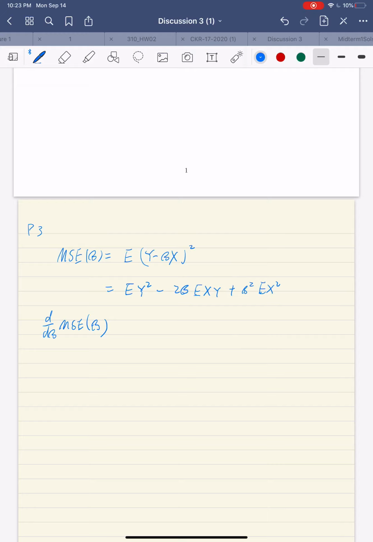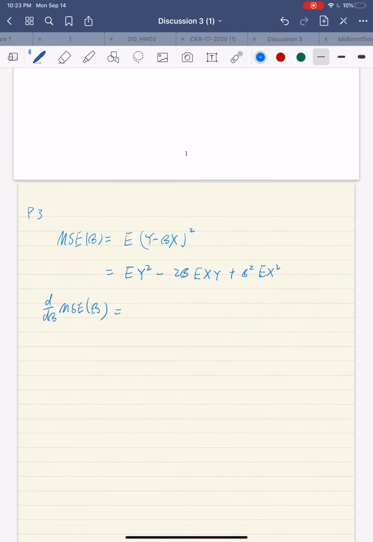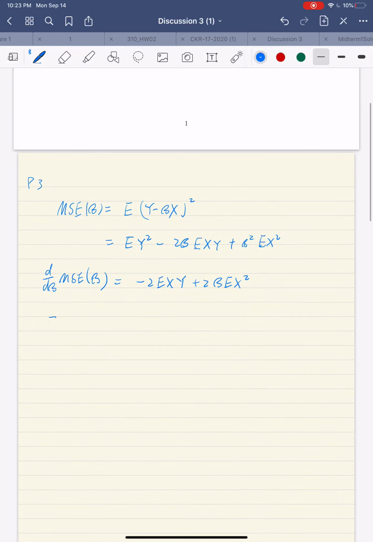The derivative would be minus 2 times the expectation of xy plus 2 beta times the second moment of x. So I want to write the solution beta star like this.